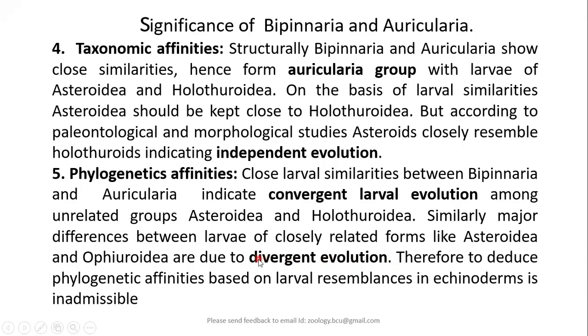So the larvae show divergent evolution, though the adults are similar. Therefore, it is concluded that deducing phylogenetic affinities between the classes of Echinodermata based on the larval resemblances is not admissible.